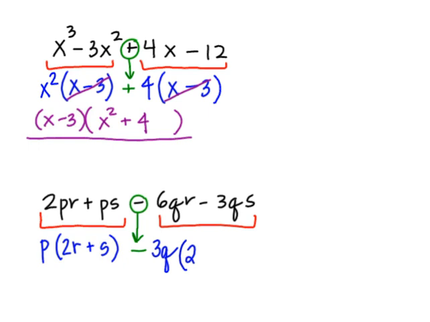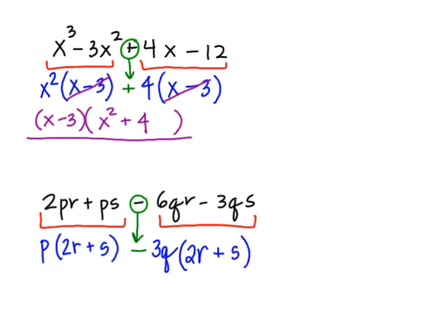R already took out the q. That leaves me with an r. 3q times 2r would give me a 6qr. Now I took out a negative, so that leaves me with a positive left over. I took out the negative, the 3 and the q, so what's left behind is s.